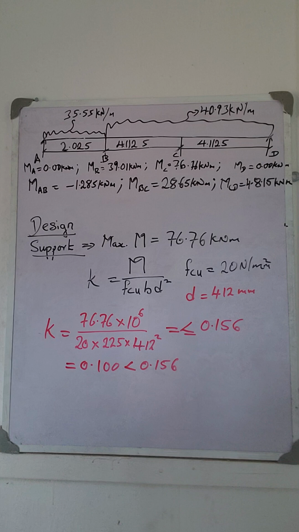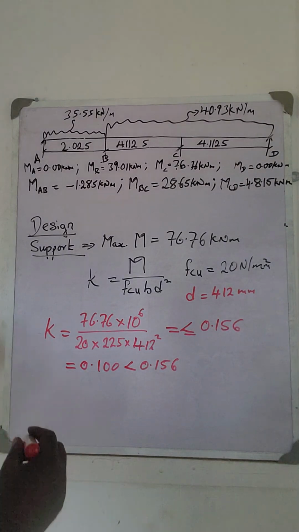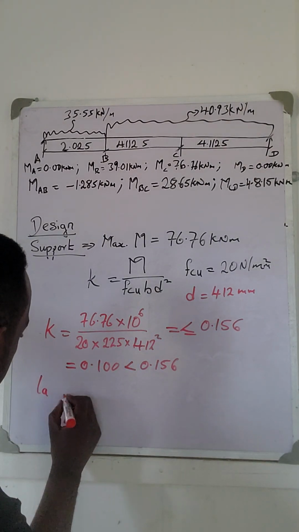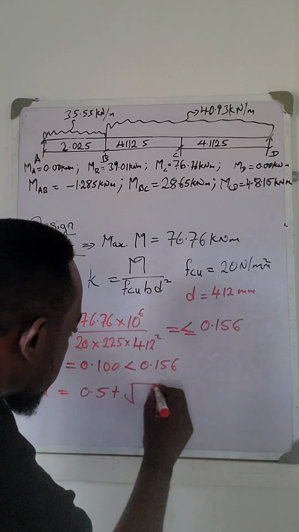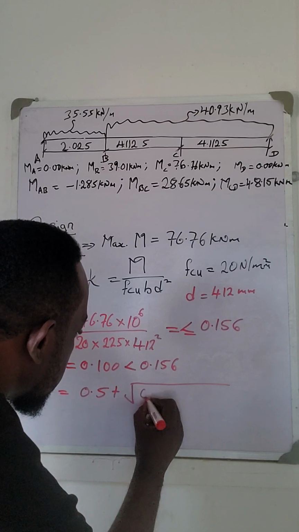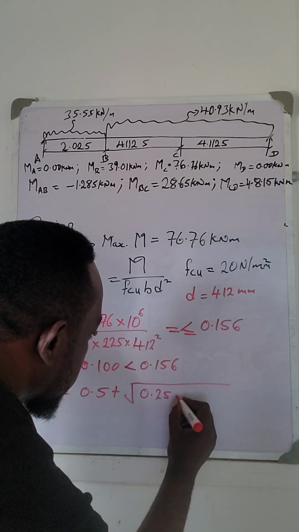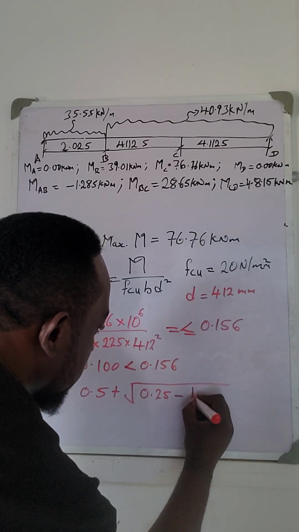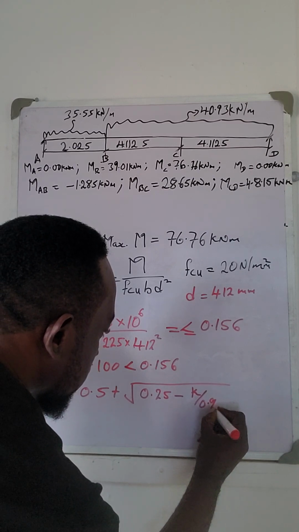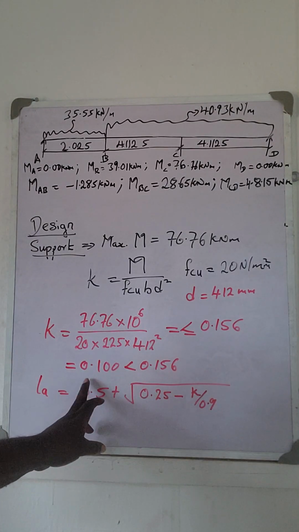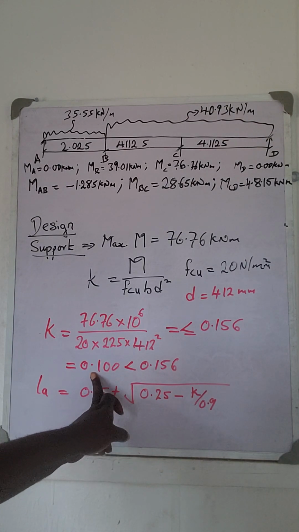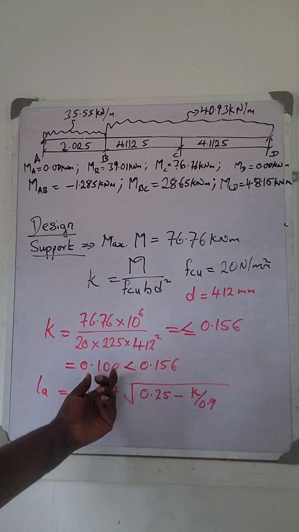All right, so the next step is to calculate our LA, which is equal to 0.5 plus the square root of 0.25 minus K over 0.9. In this case, what is our K? Since this value is less than 0.156, you use the lesser value.